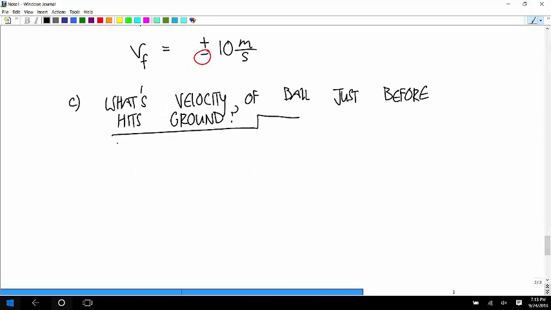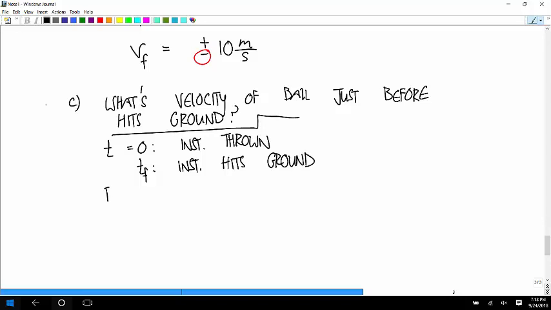Okay, so time equals 0. We can still use the instant it's thrown. Time final is going to be the instant it hits the ground. Position equals 0, I'm going to choose the ground.